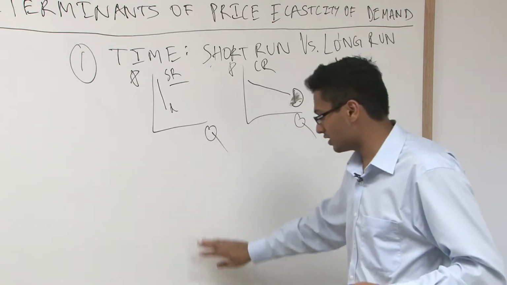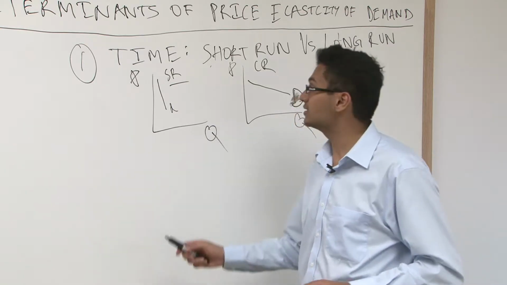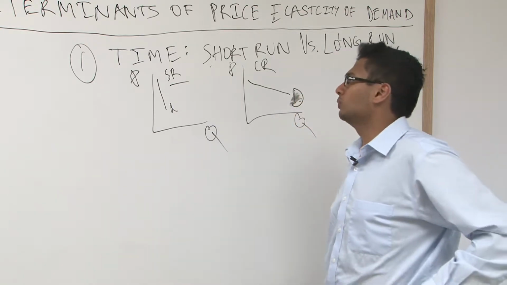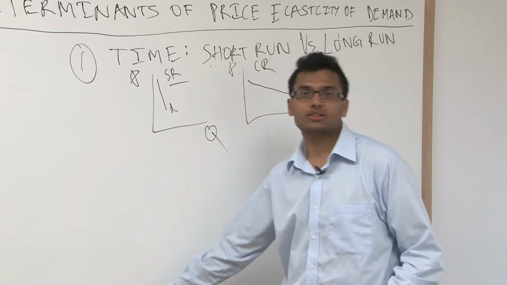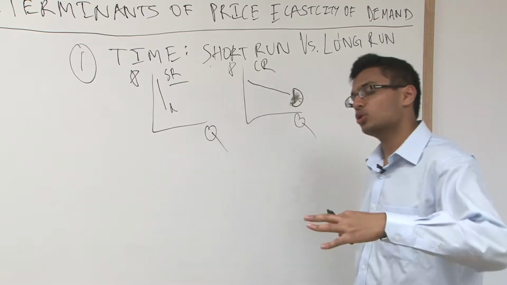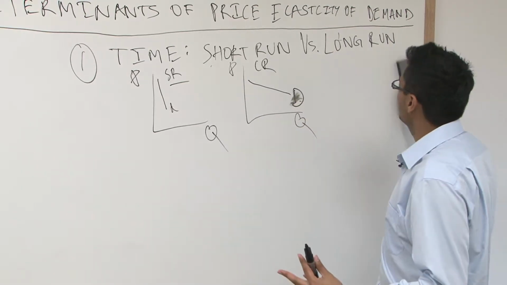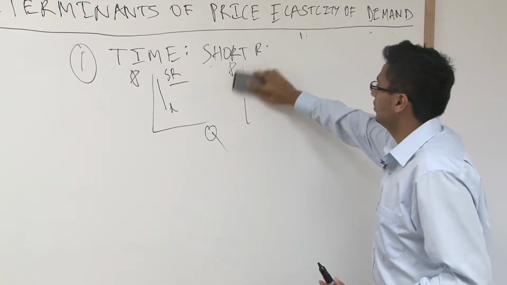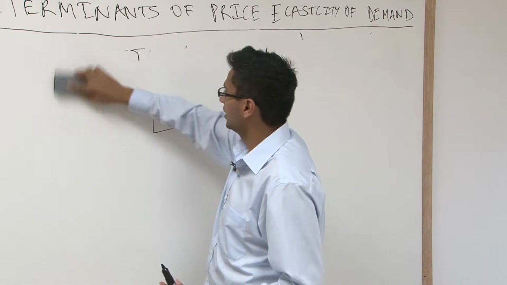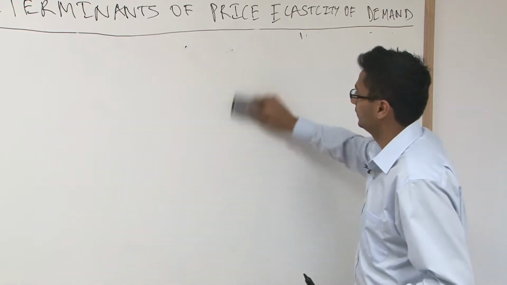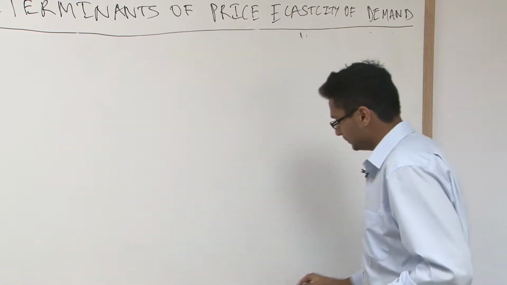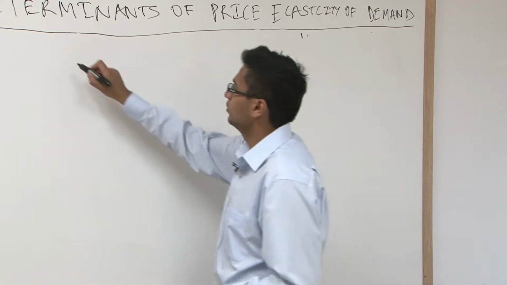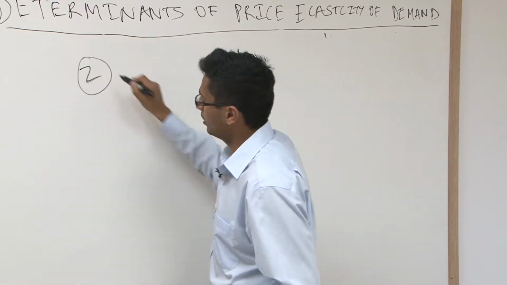So the first one we talked about is time. What is the second one? We talked about the difference between short run and long run. Apart from time, what else could be important?